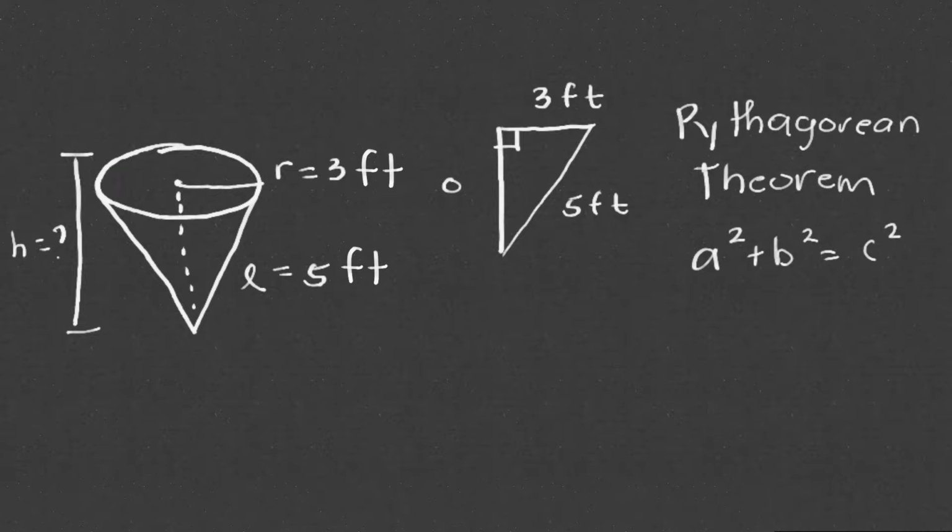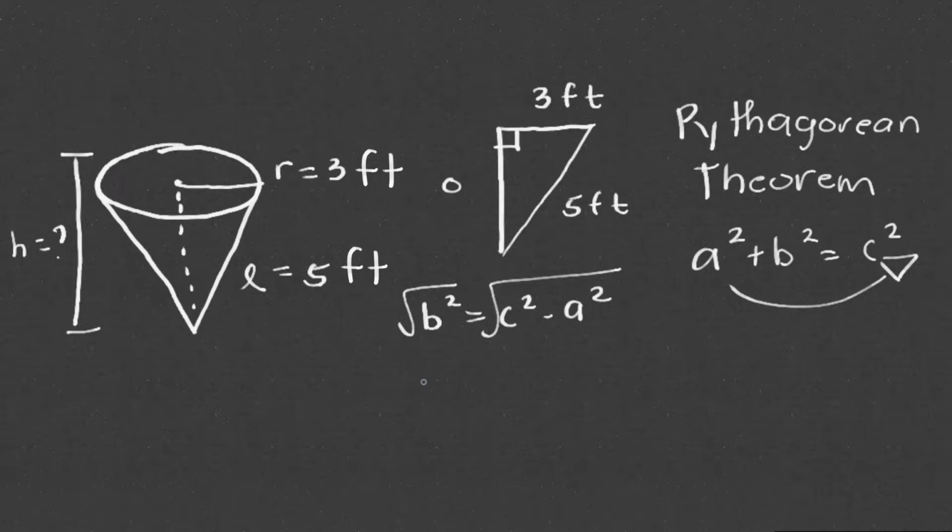Let us make a the adjacent and b the opposite. So to solve for b, we need to transpose the a to the right side. Therefore, b squared is equal to c squared minus a squared. The a became negative since we've transposed it to the right side.